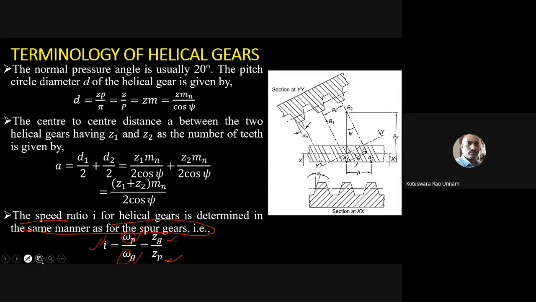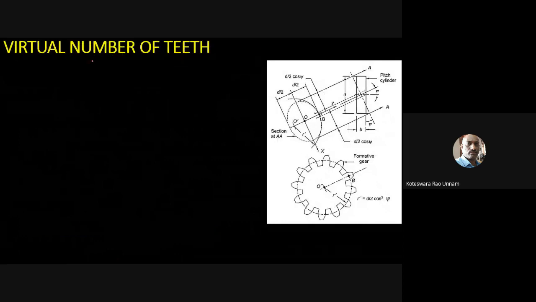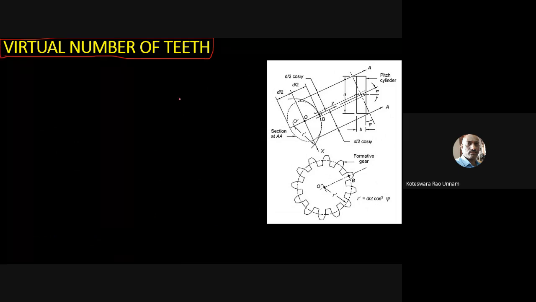Now, like I said, we need to find out the equivalent number of teeth of a helical gear in terms of a spur gear. That number we'll call a virtual number, because actually you don't have that many teeth, but we are finding out the equivalent number of teeth on a spur gear.